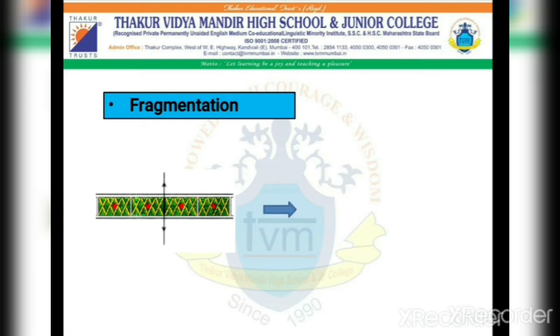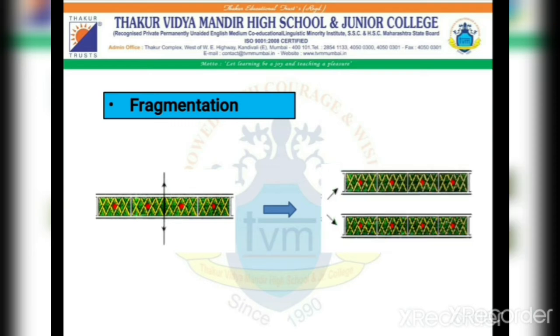This type of reproduction occurs in algae like Spirogyra and sponges like Sycon. You can see in the picture the parent Spirogyra, when it gets mature, cuts into two parts, and each part is called a fragment. And this process of reproduction is called fragmentation.